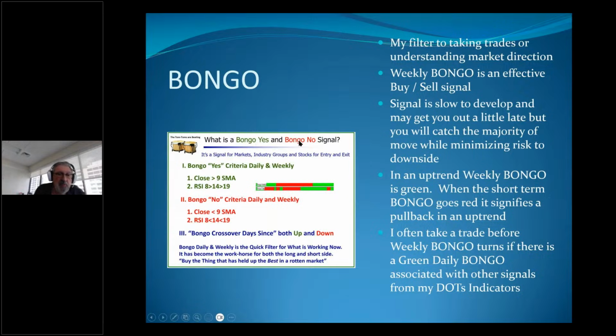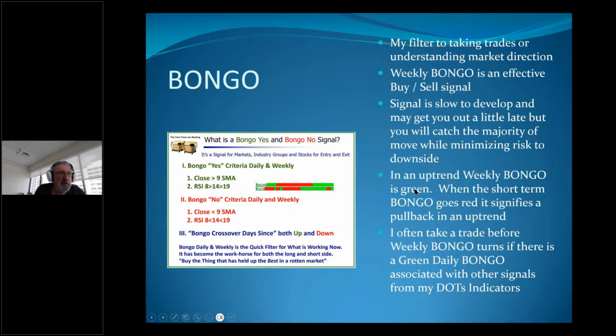Now, anytime you rely on a weekly model, it takes you a while to develop. It gets you in late, out a little late, but the goal is to catch the majority of the move and minimize your risk to the downside. Now, I want to spend time on the next 2 paragraphs because they're kind of critical. In an uptrend, that weekly bongo is green, or red or blue rather, depending on your program and what colors.